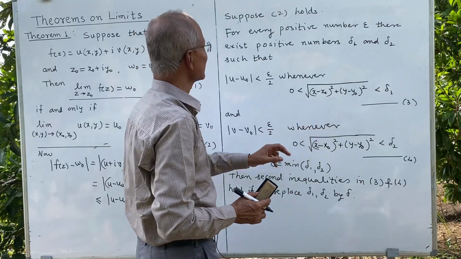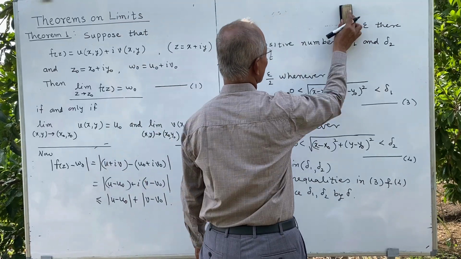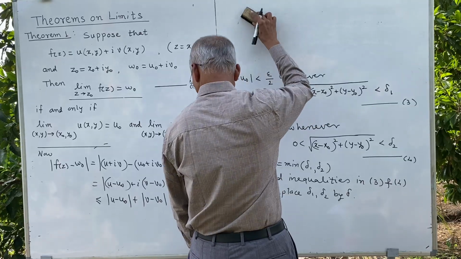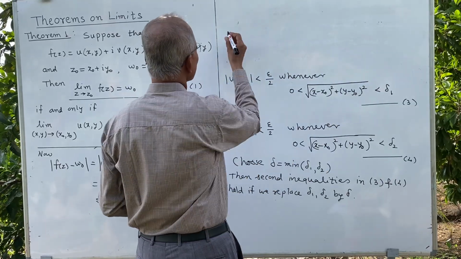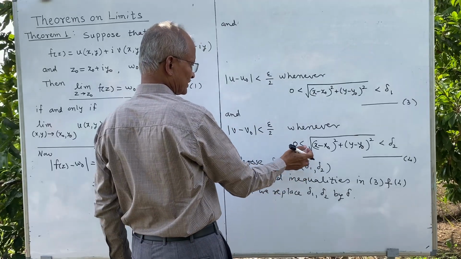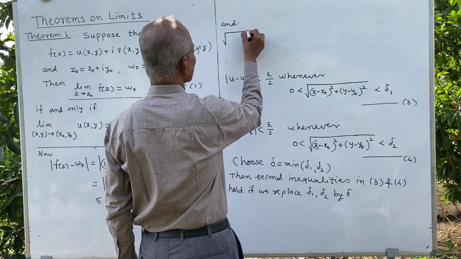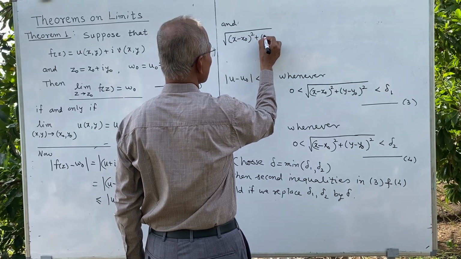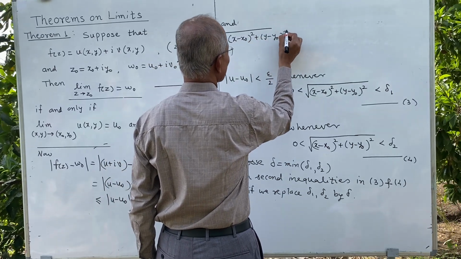That is x minus x naught under root of x minus x naught square plus y minus y naught whole square.